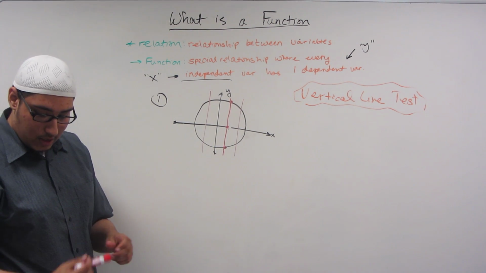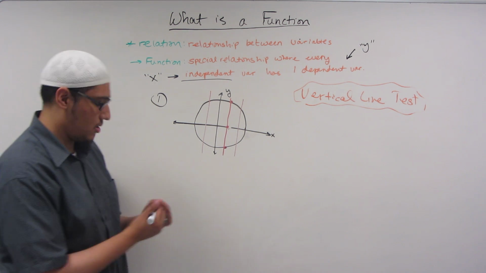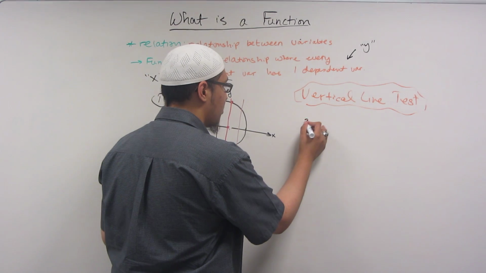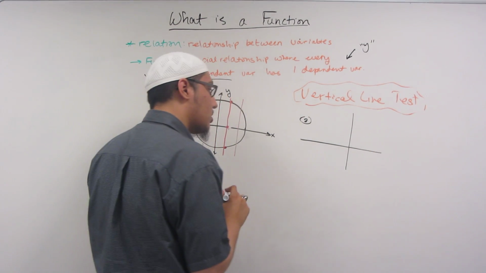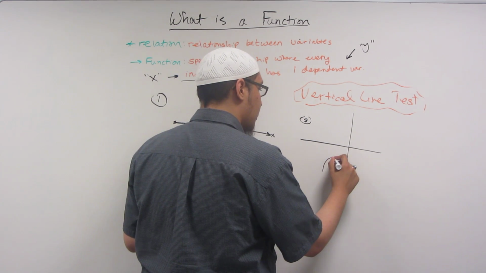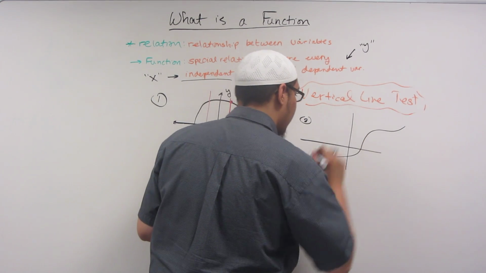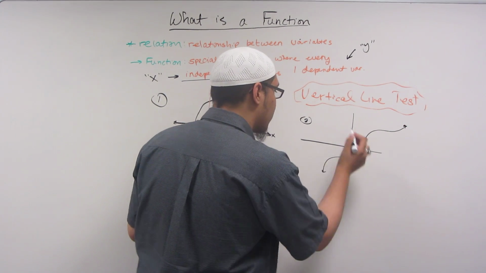All right. Now let's look at another example, and let's call this example number 2. And this one, let's make it look like this. Okay, now this looks like a kind of curvy graph that goes on forever in both directions.